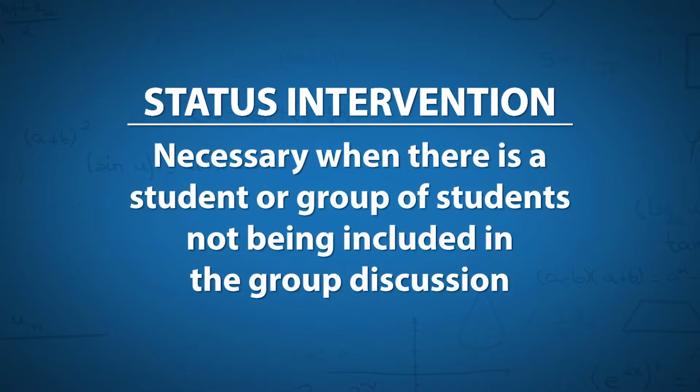Sometimes you have to do a status intervention. A status intervention is when you see a student or group of students that aren't being included in the group discussion. I don't want to call that student out because I don't know why they're not involved. It could be that they don't feel that they have anything valuable to contribute, or it could be that their group doesn't feel they have anything valuable.